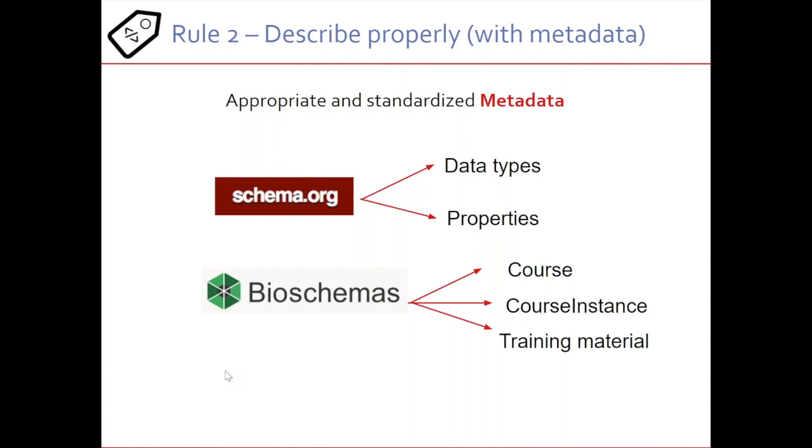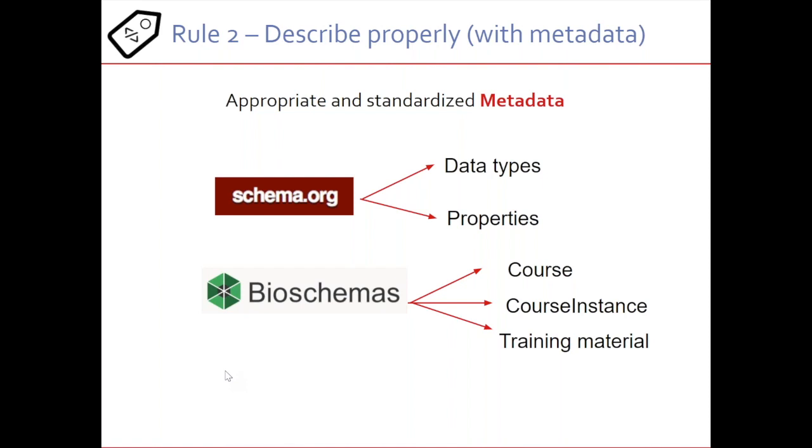Who is writing these training materials? Who is the author? That is metadata. When was this training material last updated? That is metadata. And all that metadata helps people really know the status of your training materials, what it is about, what the audience is, etc.